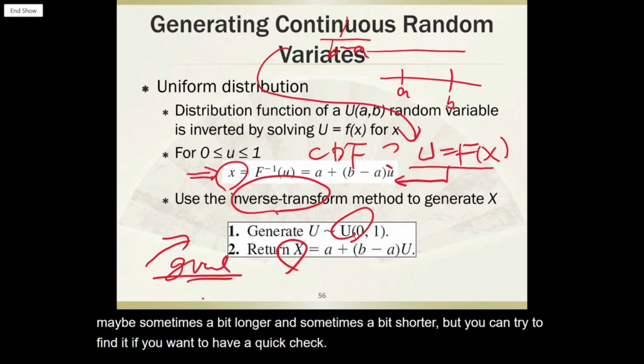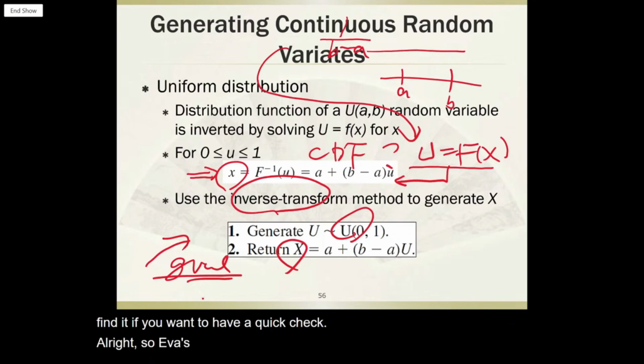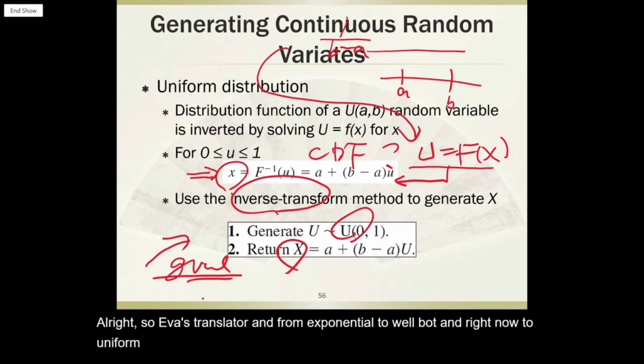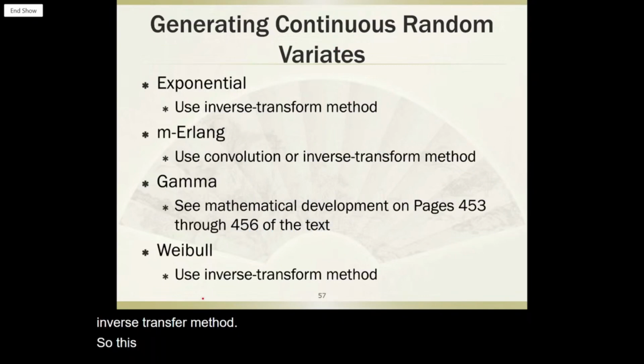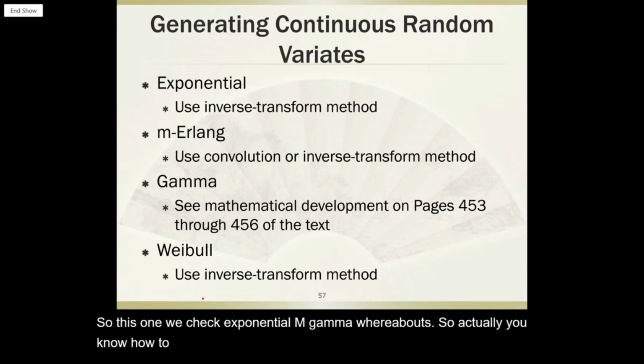All right, so inverse transform: from exponential to Weibull, and right now to the uniform distribution. Previously you learned the general algorithm of the inverse transform method. So we check exponential, m-stage Erlang, gamma, and Weibull. You know how to generate Weibull and exponential this time, so let me go through and skip them.